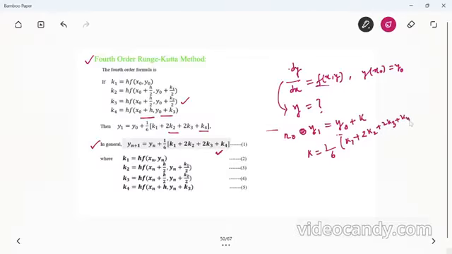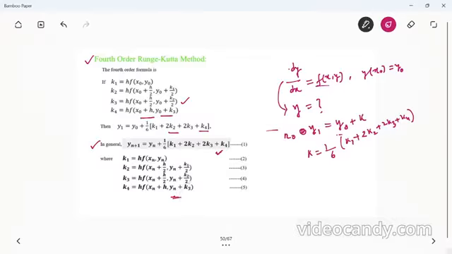And k1 is calculated from this formula: k1 equals h f(xn, yn), k2 equals h f(xn plus h/2, yn plus k1/2), k3 equals h f(xn plus h/2, yn plus k2/2), k4 equals h f(xn plus h, yn plus k3).